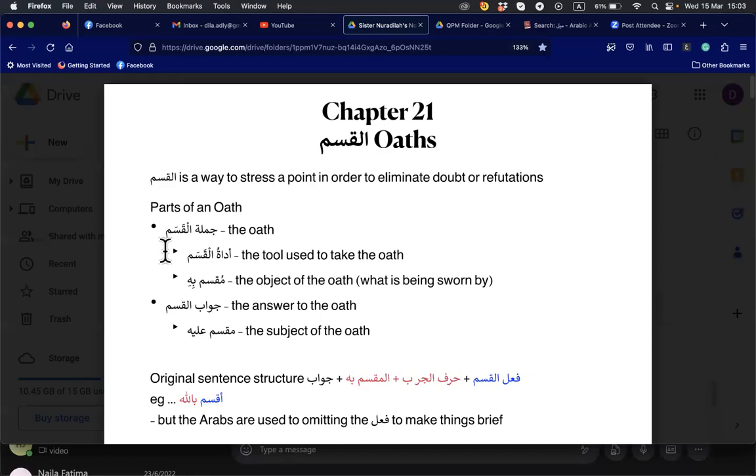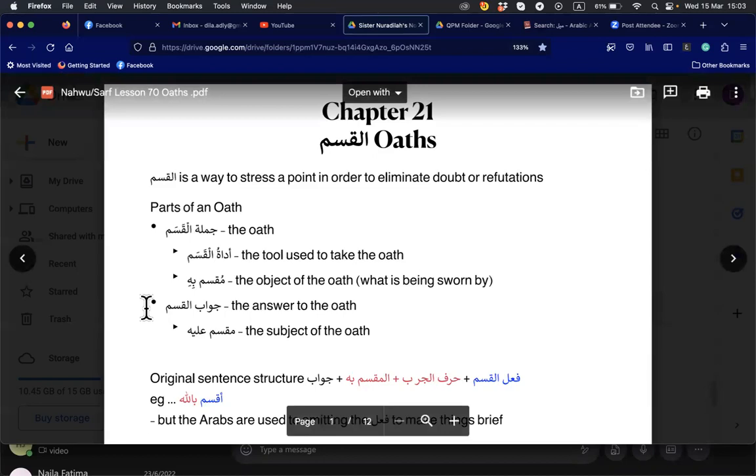Okay, and then we have the jawabul qasam, because when you take an oath, there must be a why. What is the point you want to make by taking that oath? So the answer to the oath, the jawabul qasam, is the subject.